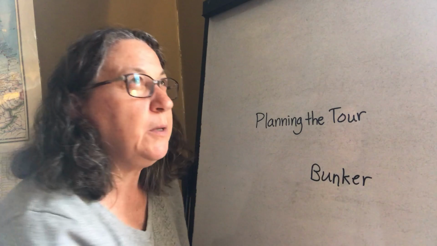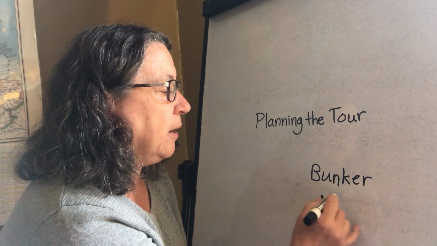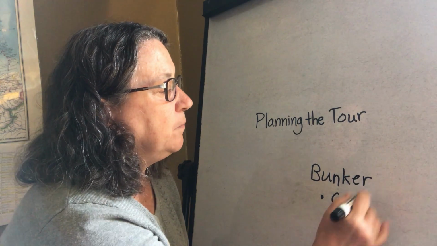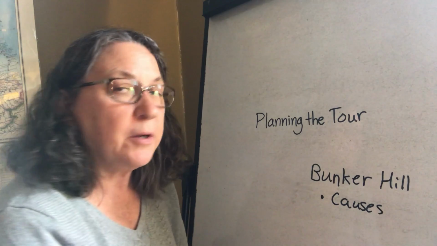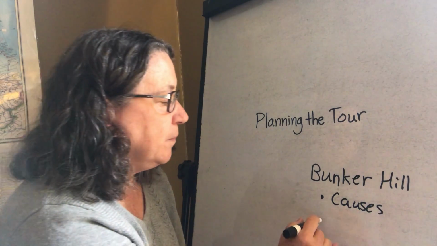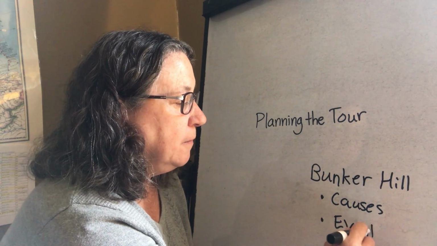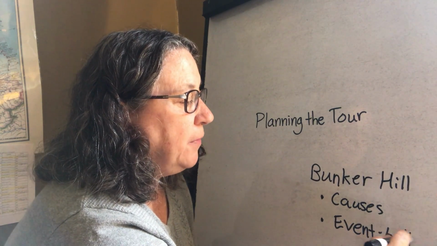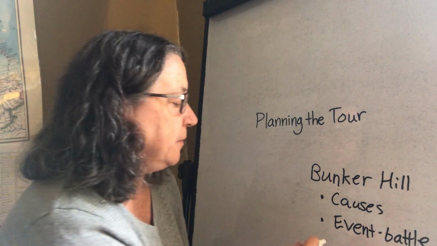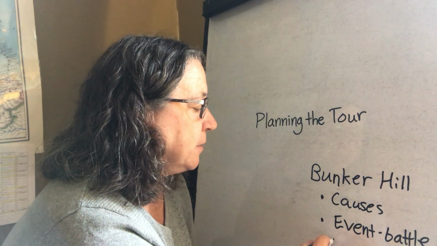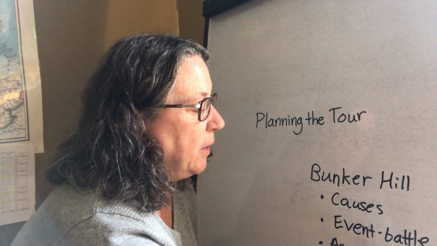We could think about maybe causes and effects. So I could write a part on the causes of the Bunker Hill battle, the battle itself, and then I could write, well, let's see, causes, effects, as a result, or the effect of the battle.